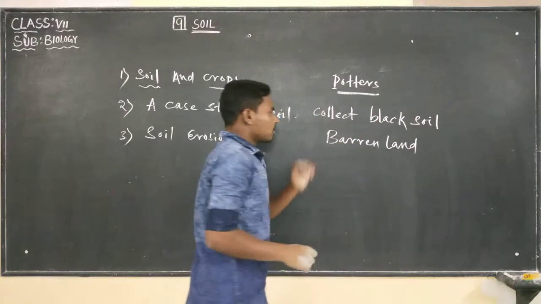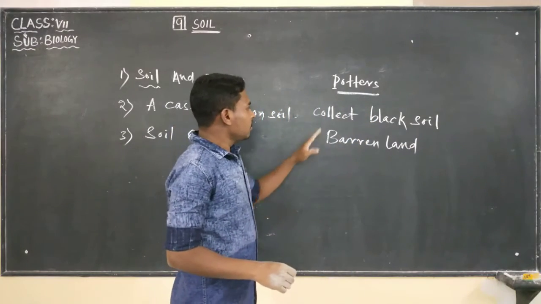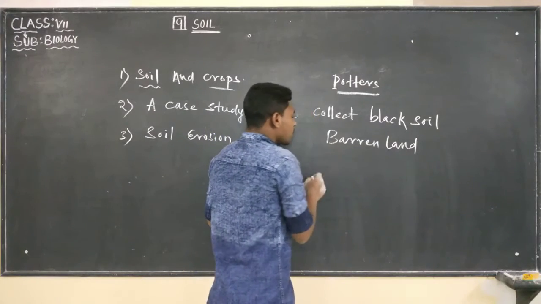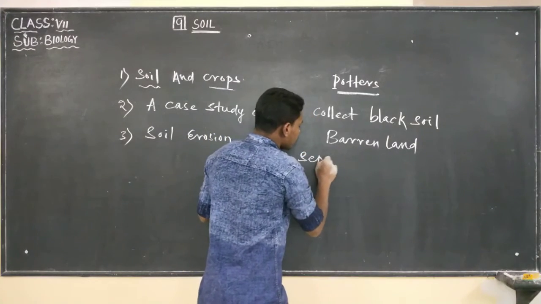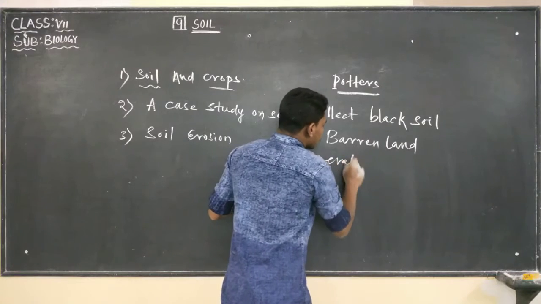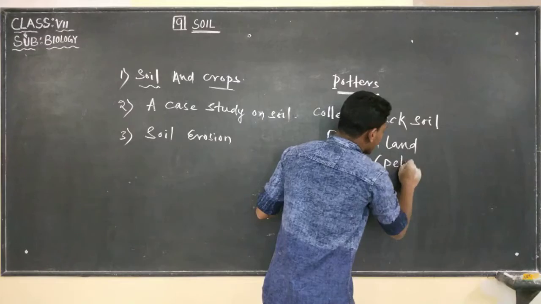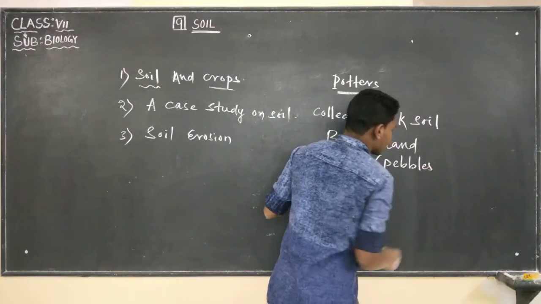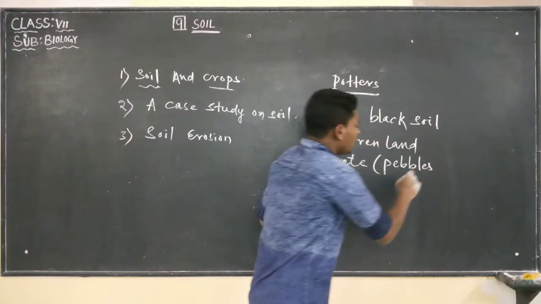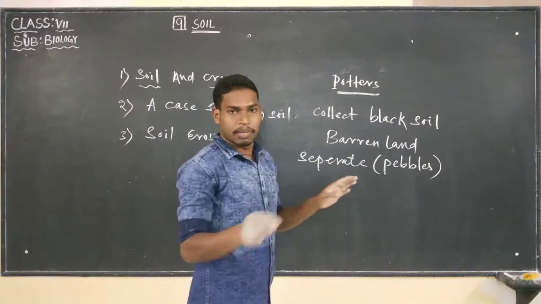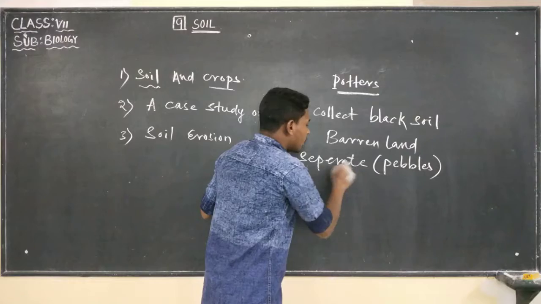Potters collect black soil from the barren land and separate out particles like pebbles, small stones, and even the twigs and leaves present in the soil. Now they will dry the soil.